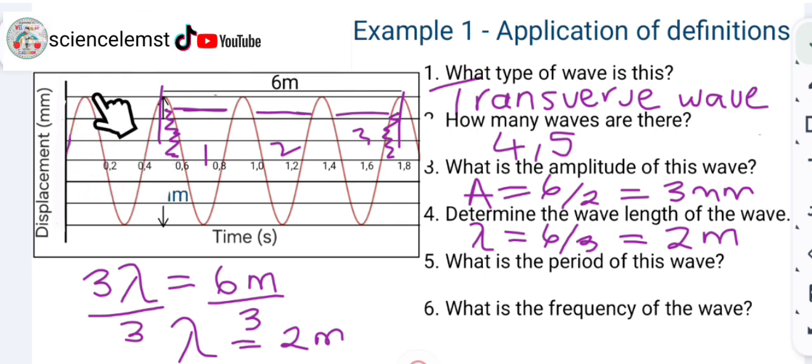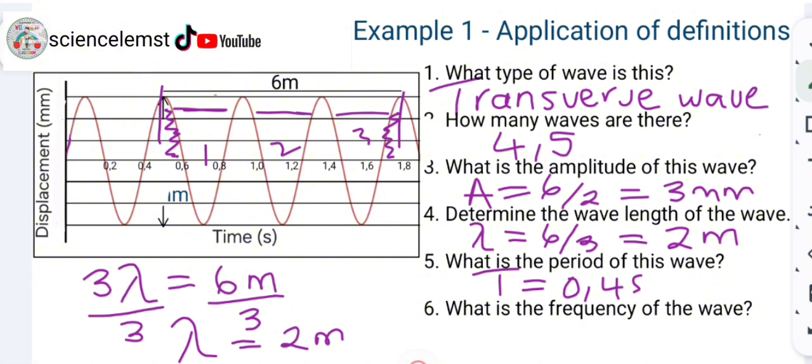How long did it take that one complete wave to pass this point? It took 0.4 seconds. So from the graph, period, we use the symbol capital T, equals 0.4 seconds. That is the period of the wave.